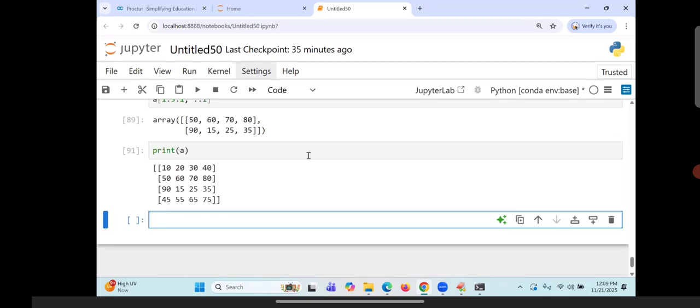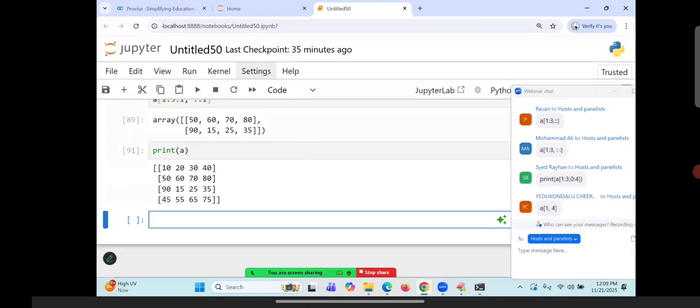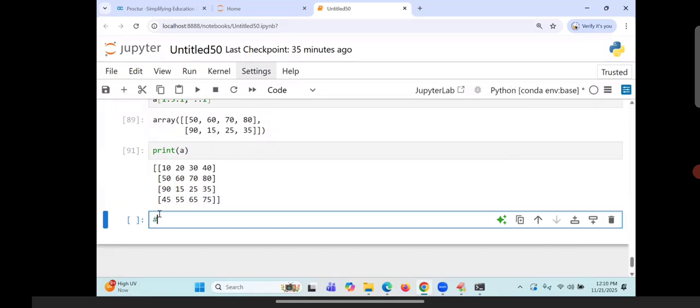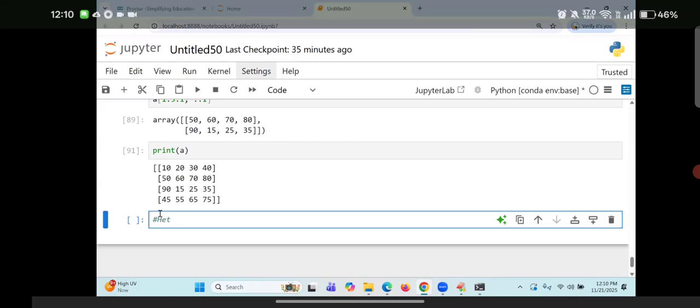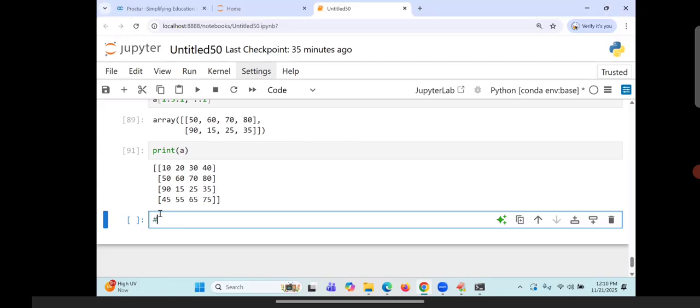Now I want to get it. Be careful. I want to get 60, 15, 25, 70. I want these elements. Be careful, all of you. Be ready to tell. Here I will write. One minute. Let me write it. Get 60, 70, and 15, 25. Come on.